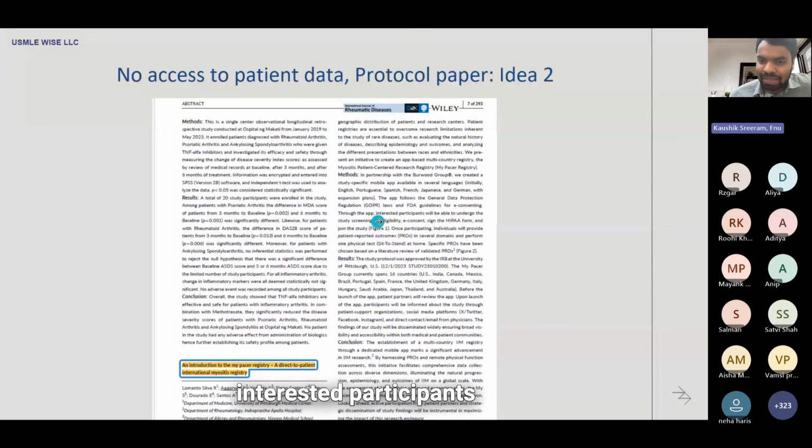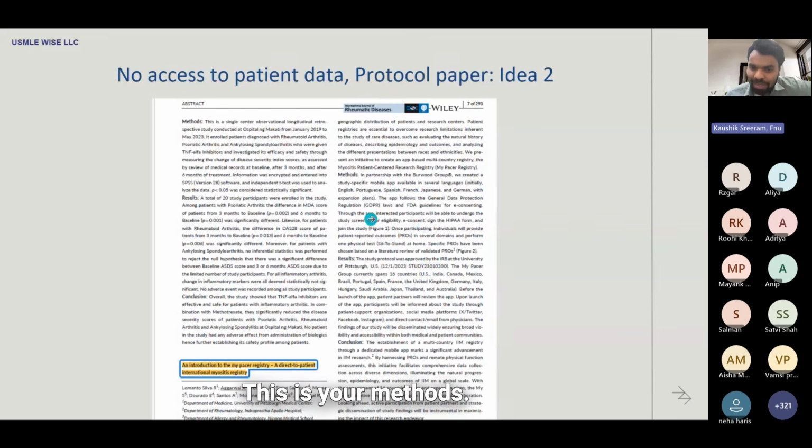Through the app, interested participants will be able to undergo the study screening, e-consent, sign the HIPAA form, and join the study. Once in, participating individuals will provide patient-reported outcomes in several domains and perform one physical activity, that is your sit-to-stand. The PROs have been chosen based on a literature review of validated PROs.